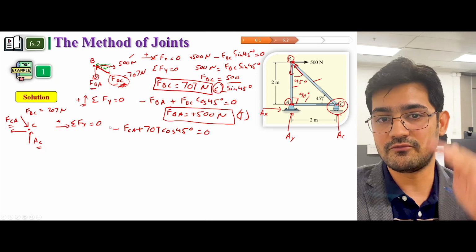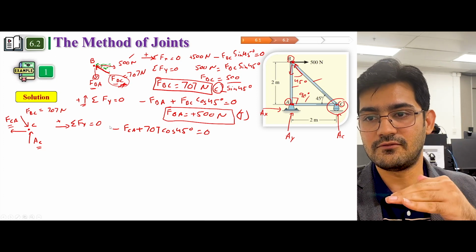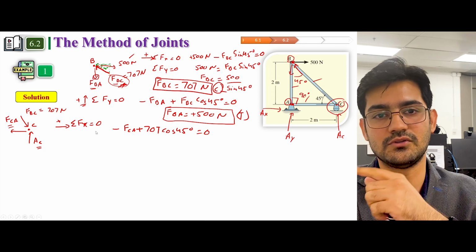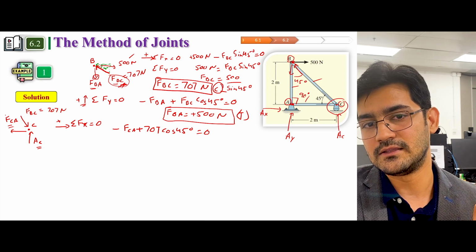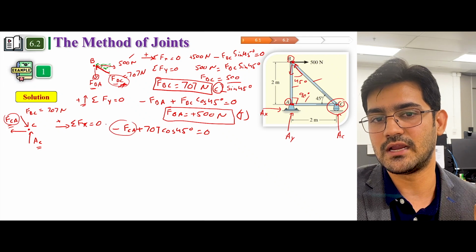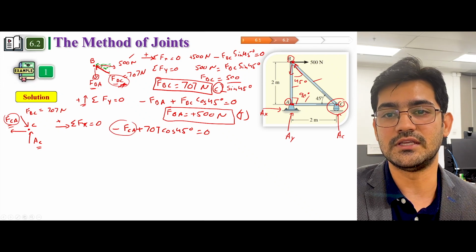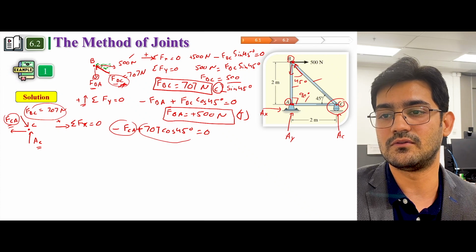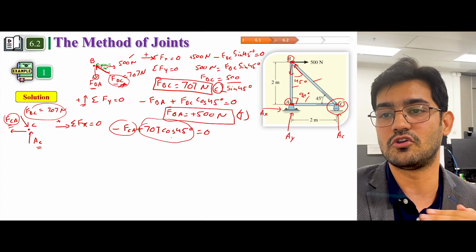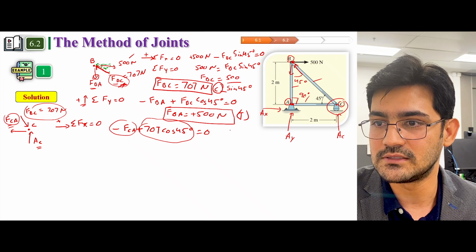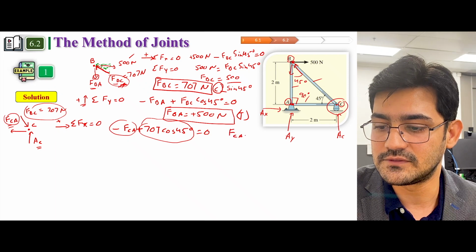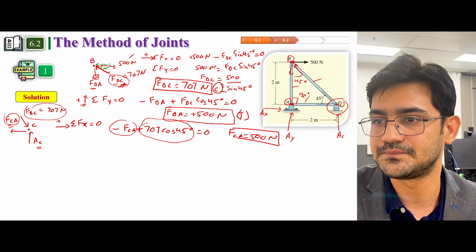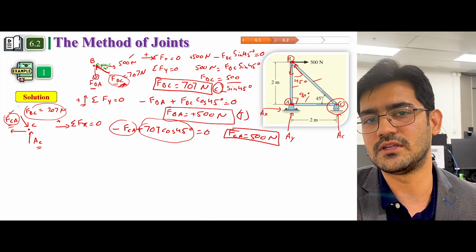In summation of F of x, this force and which other force is acting in the horizontal direction? This force, right? So I have resolved this into a horizontal component, and if you solve this, you're going to get F of CA is equal to 500 Newton. So you have solved for F of CA.